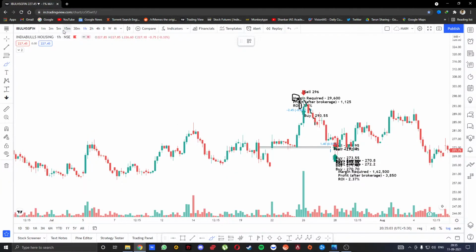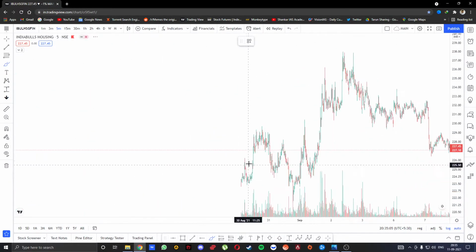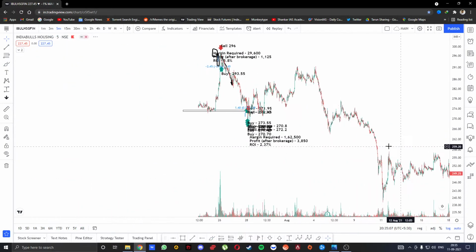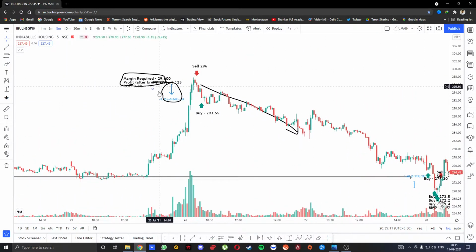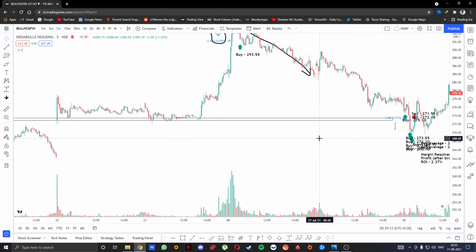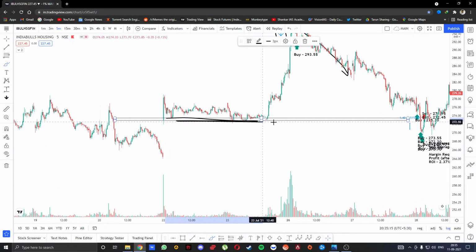So let's bring back our chart. The first trade was here when we started selling above the resistance, and then the next trade, this was the support. So people have stop loss below their support and new short sellers enter here. So what we do is we start buying.